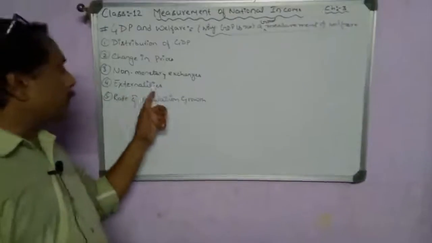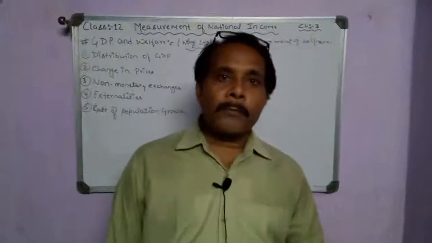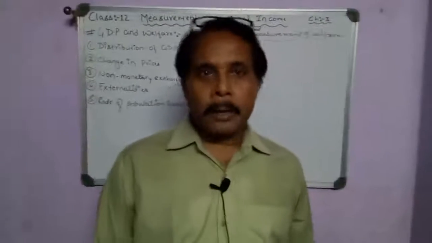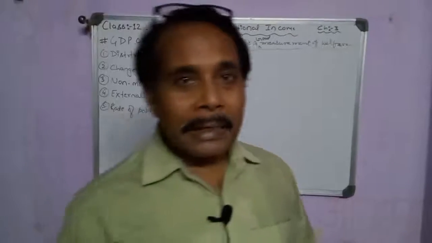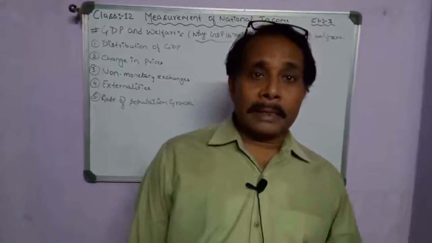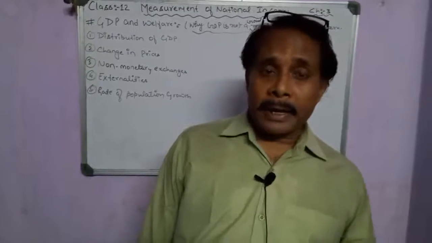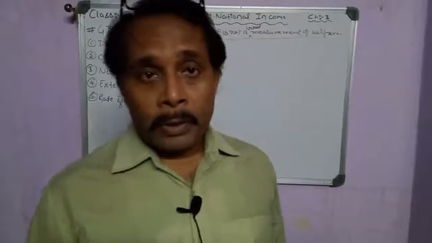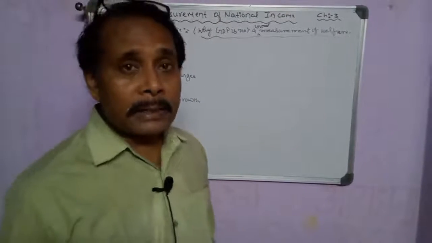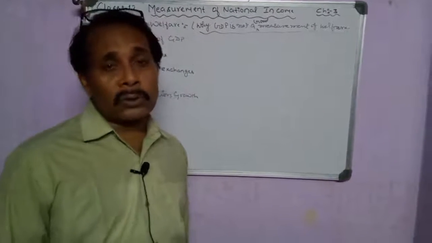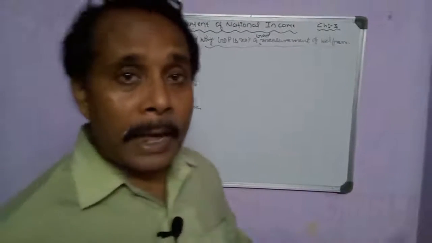Next is the externalities. Externalities create harmful and beneficial effects by the firm. Sometimes the firm releases smoke and it creates lung disease, blood pressure, headache and so on, due to excessive release of different kinds of gases, smoke, dust, etc. But no one is ready to penalize them.